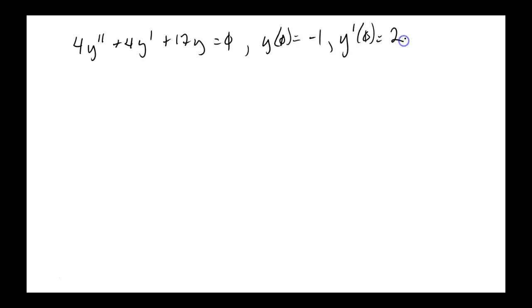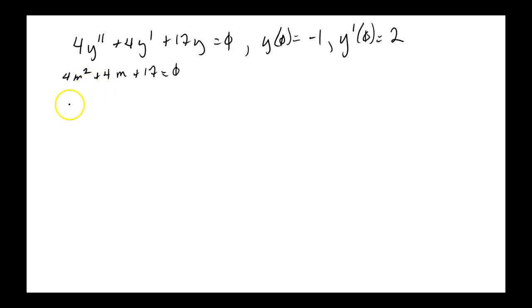So that's y equals e to the mx, which gives 4m squared plus 4m plus 17 equals 0.